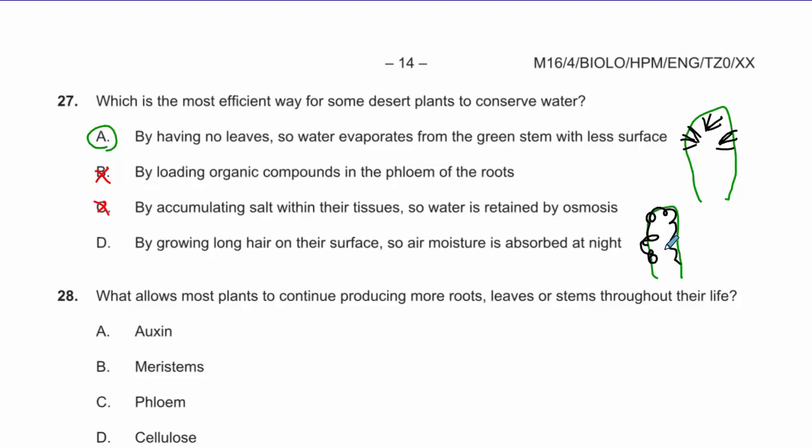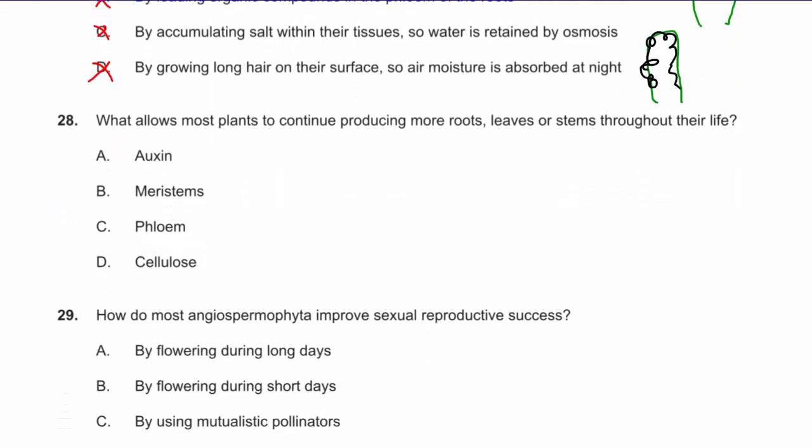Remember, plants need open stomata to capture carbon dioxide. And if you can get the light, have the stomata open, but not let the water vapor drift away during hot desert winds, that is really good. So this D has some truths in it, but it's not correct in the end.